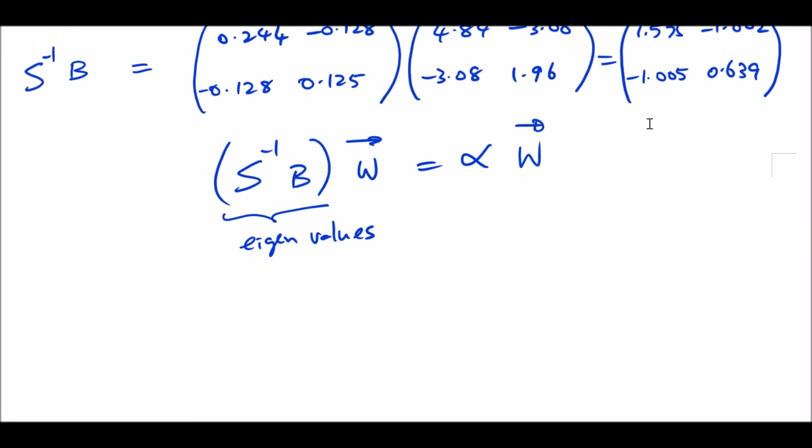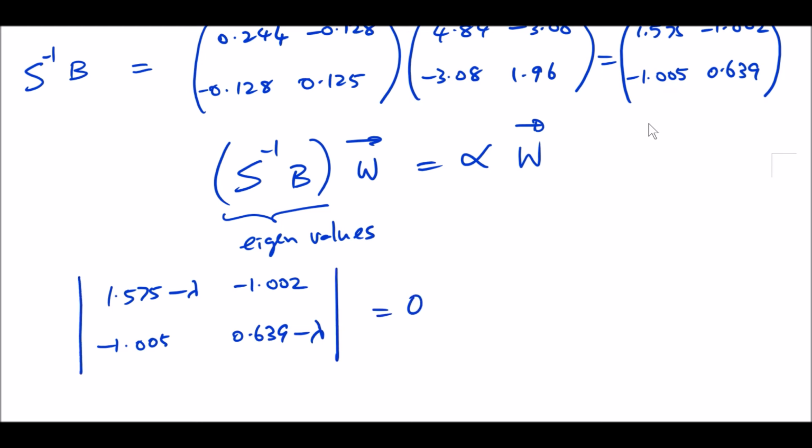We use the very classical technique: 1.575 minus lambda, minus 1.002, minus 1.005, 0.639 minus lambda, modulus equal to 0. Basically we have the original matrix S minus 1 B, we subtract the identity matrix times lambda, and the determinant equals 0. So this is our eigenvalue problem.